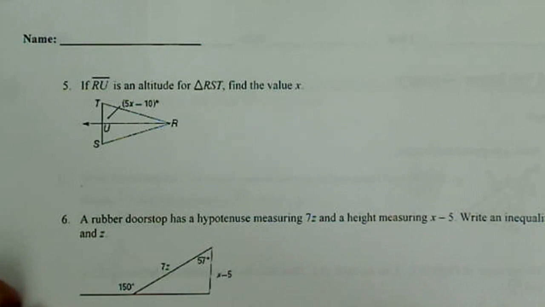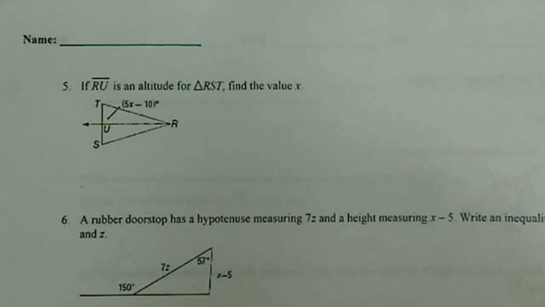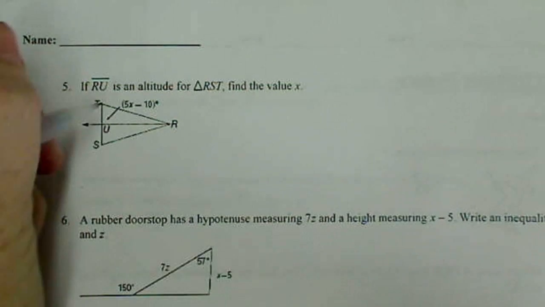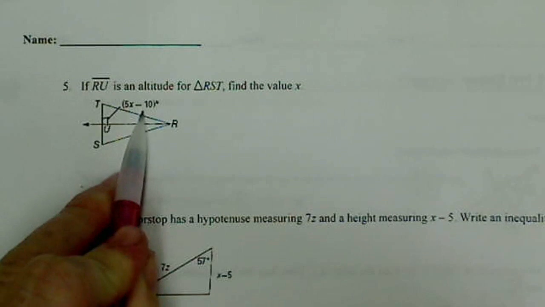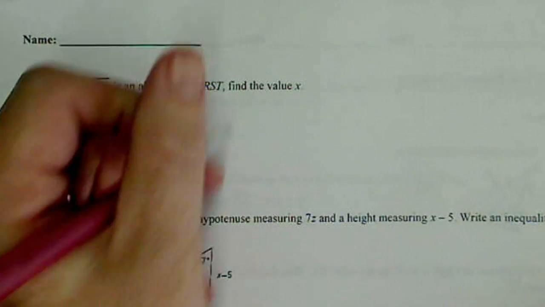Okay, so what do I know about altitudes? Well, I know that it's the same as the height, but I also know that it makes a right angle with the base. So if RU and TS make a right angle, I need to find out what X is. I can do that by setting it equal to 90.